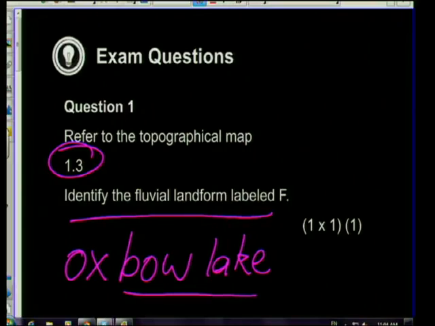And note, your oxbow lake is the remaining portion of a stream after it has been cut off from the main stream. What has to happen? The river needs to meander, and eventually during meandering of that river, it cuts off itself from the main river. We refer to this fluvial feature as an oxbow lake. Let's move on to the next question.